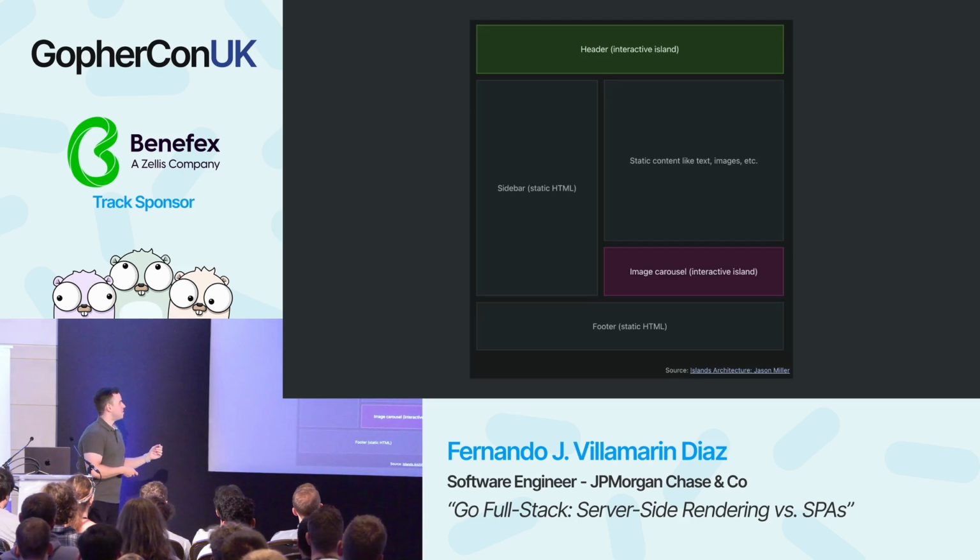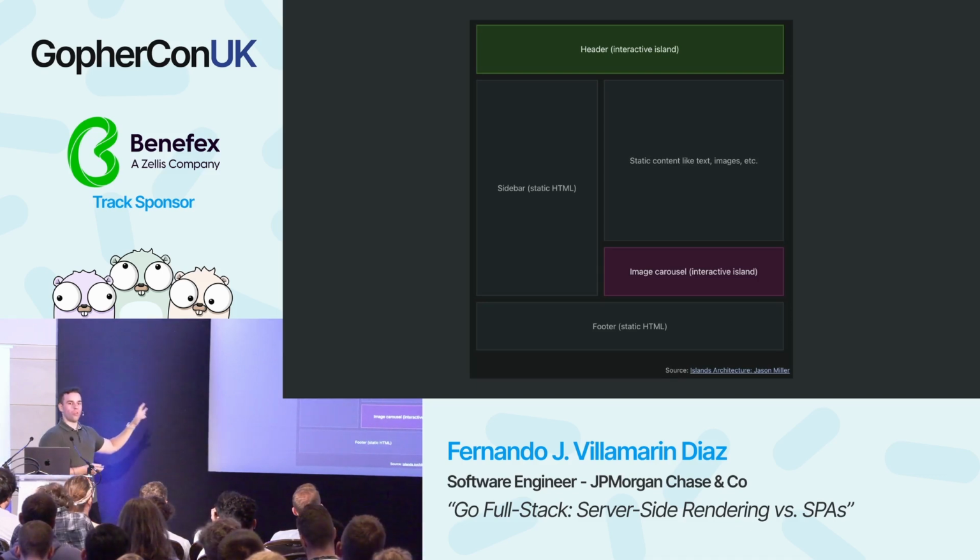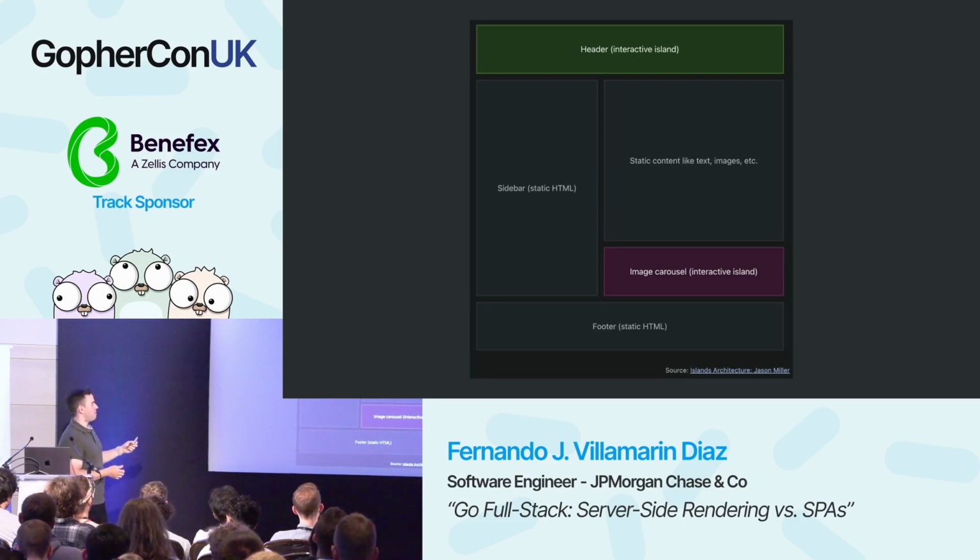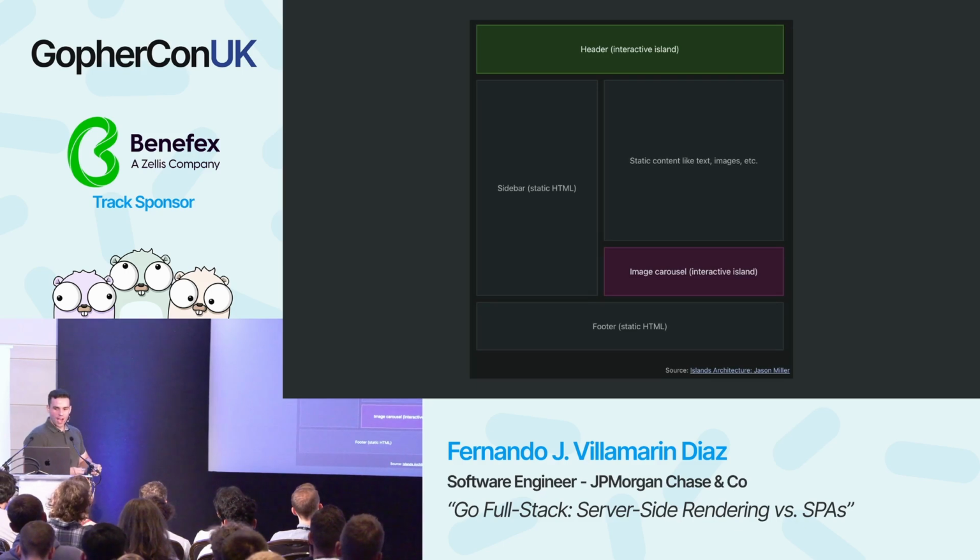So the idea is to instead create islands of interactivity where you will have your static content, then you'll have these islands, and it will not block the caching because the HTML is actually loaded, and then the islands are basically getting the data they need. They are hydrated once the page loads. That is the whole point. So what if we could do this in Go? Because this would solve our problem. Taking this approach would solve our problem of not being able to cache the home page.